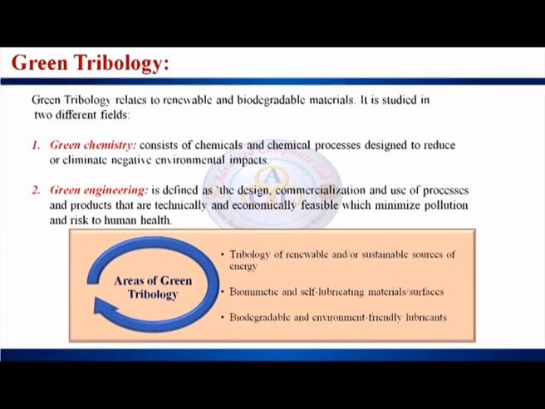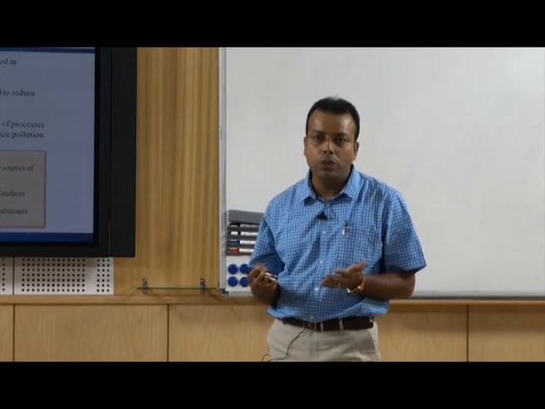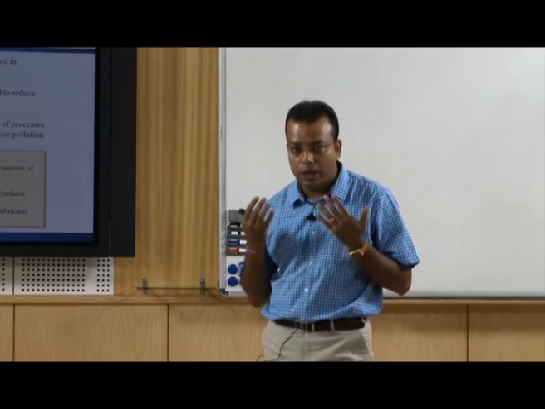Areas of green tribology. There are three areas where we can look. First one is tribology for renewable or sustainable sources of energy. Second is biomimetic and self-lubricating materials or surfaces. Third is biodegradable and environmentally friendly lubricants, where we can do green tribology.